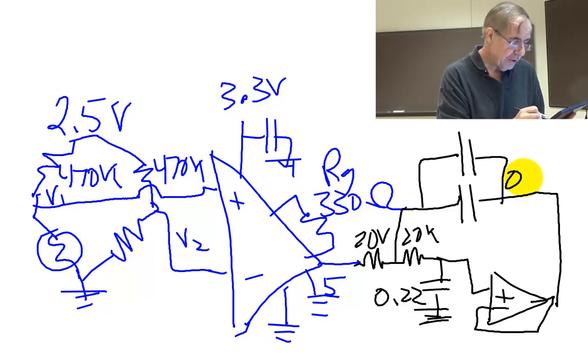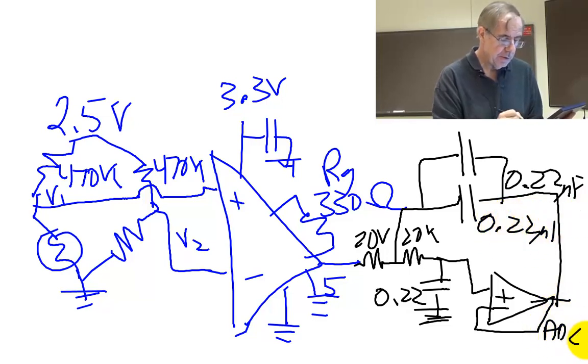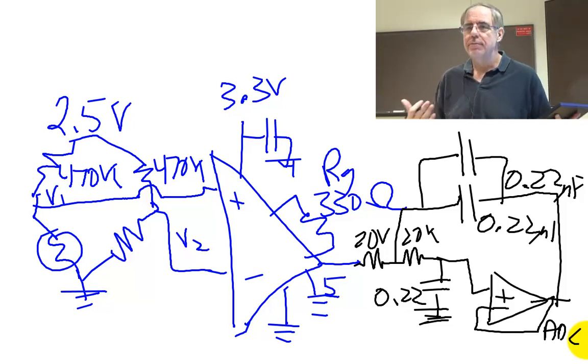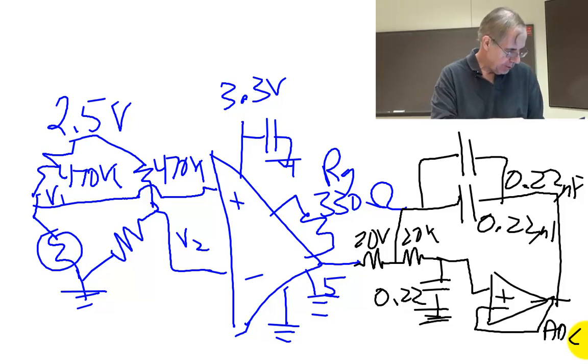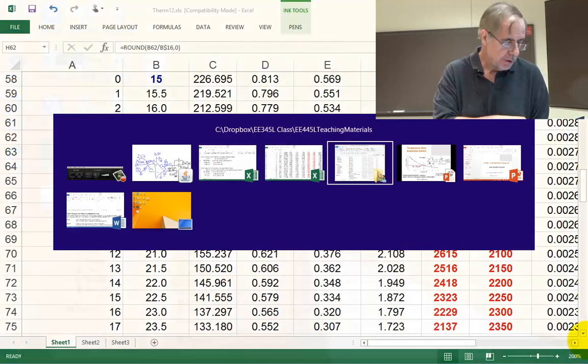And I got 2 0.22 microfarads. And that goes to my ADC. So I just built the lab. You'll have to do it for yourself, but just like that. Questions? All right. Let's go back to this one here.